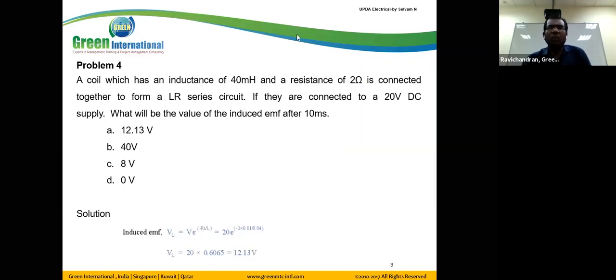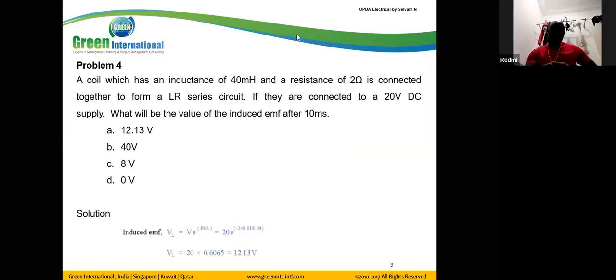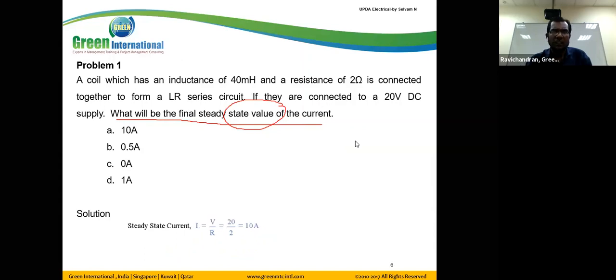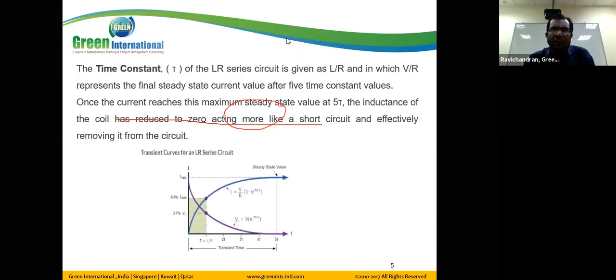Now they ask what will be the value of the induced EMF after 10 milliseconds. Once again, read the question. They ask the induced EMF. So this is the formula for the induced EMF.